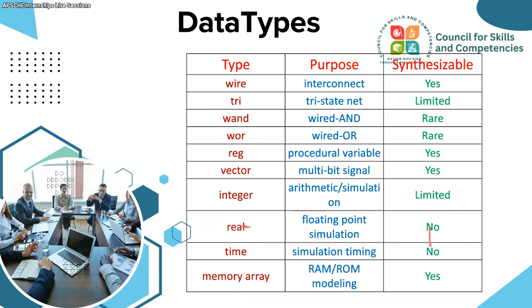Then these two are not synthesizable, real and time, only for simulation. Memory array, as I mentioned in one of the examples, RAM or ROM modeling, is synthesizable, where we will use wire or reg for making the memory array. Since it's a memory, we want to store the data, so go for reg. So these are some concluding points about the data types we have looked into till now.